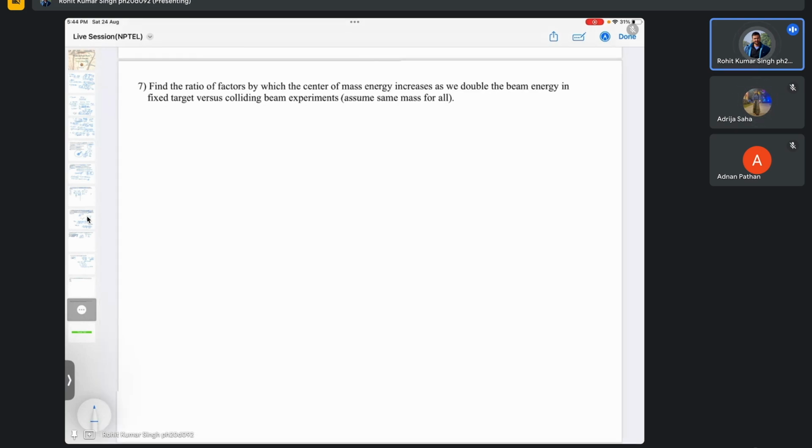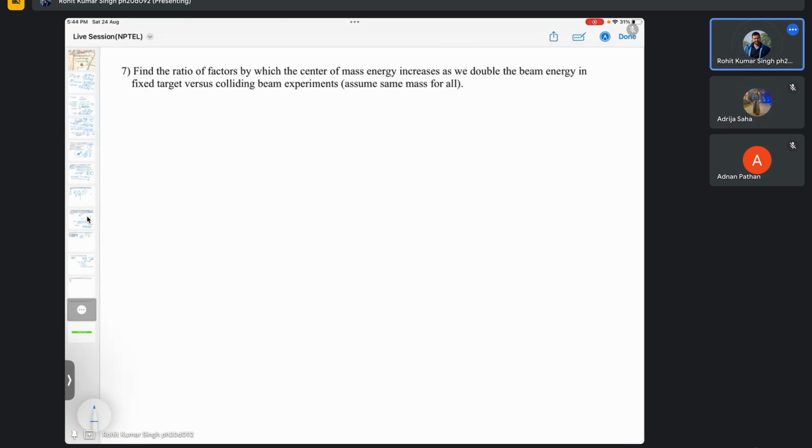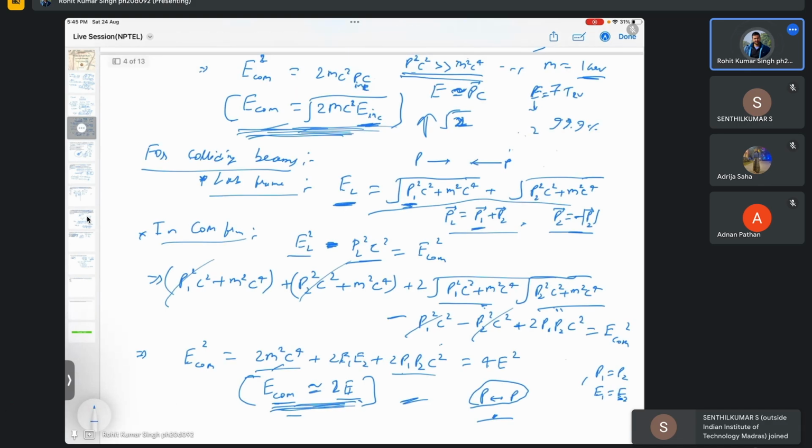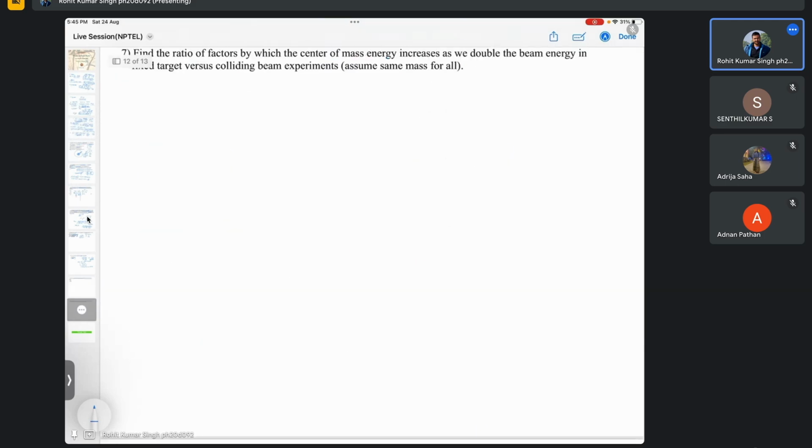Then we come to a problem which I wrote myself just to get a feeling of what I derived earlier. The problem says: find the ratio of factors by which center of mass energy increases as we double the beam energy in fixed target versus colliding beam experiments.